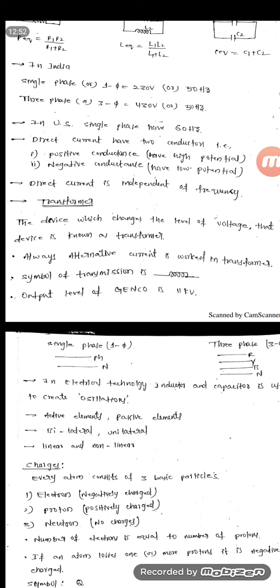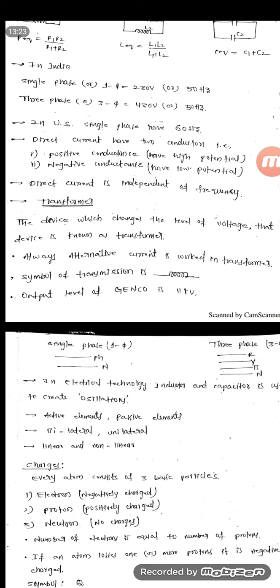step down transformers. Why do we have to increase the voltage in the transmission system? Because when we increase the voltage, we get more efficiency and the losses decrease. That's why we increase the voltage levels when giving to the transmission system, and when giving to the DISCOMs, we decrease the voltage levels.